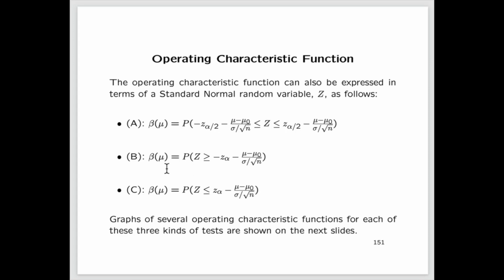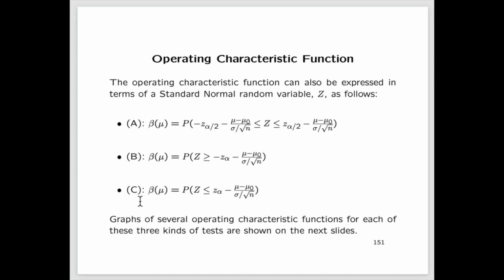For a left-tailed test, the operating characteristic function as a function of mu is given by the probability that a standard normal random variable z is greater than or equal to negative z sub alpha minus mu minus mu naught over sigma over the square root of the sample size.